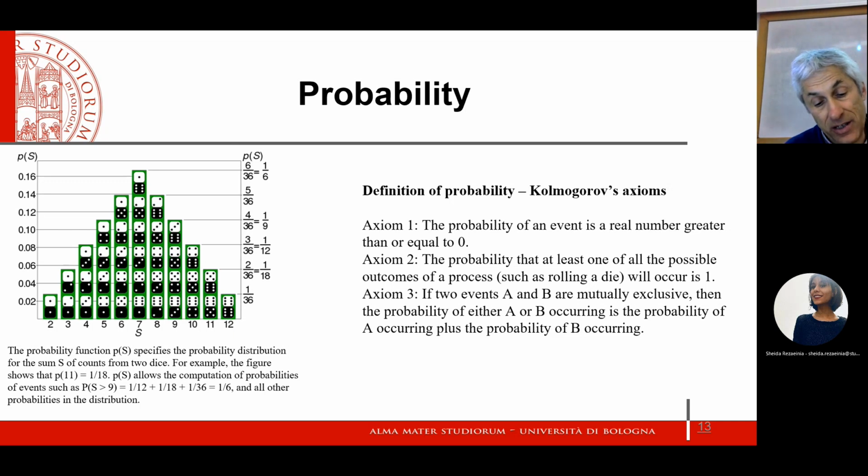So basically, if you think of tossing a coin with these three axioms, you easily understand that the probability of getting a tail is 0.5 and the probability of getting a head is 0.5, because the probability that you get at least one of the two is 1. And then, given that the probability of the tail plus the probability of the head should be 1, you easily understand that, of course, you could say that the head could be 0.3 and the tail is 0.7.